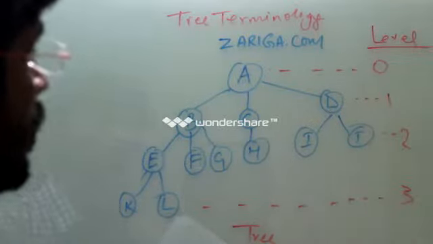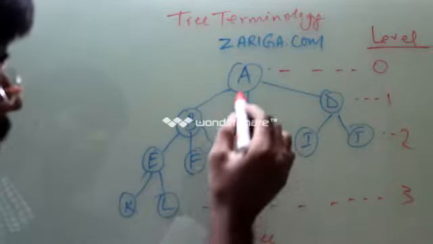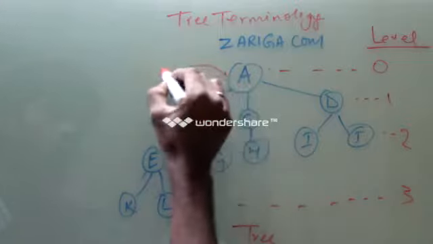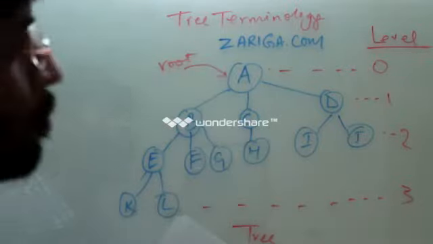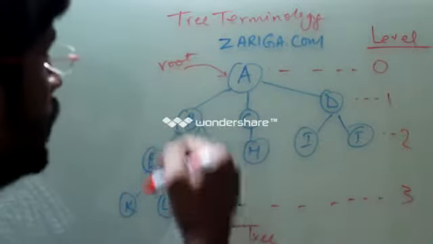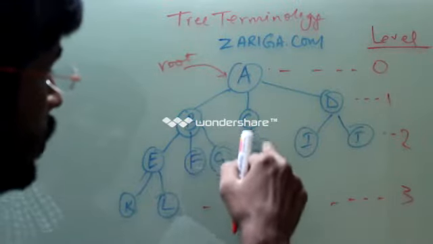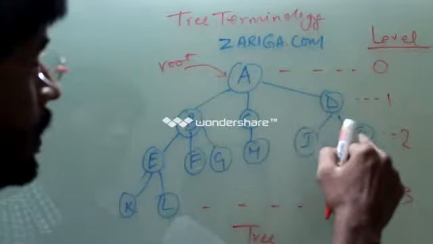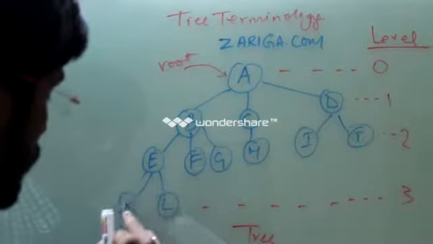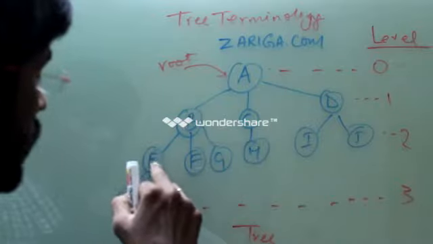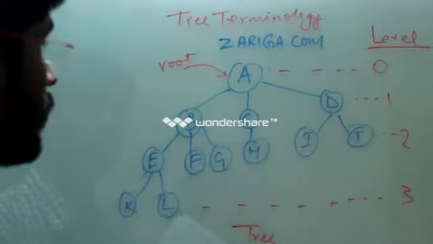So what is my root element? You can see this is my root element, which has no parent. So those elements are called root element. B is the root element of E, F, G, C is the root element of H, D is the root element of I, J, K, E is the root element of K, N, L, because it has a parent, so it cannot be considered as a root.